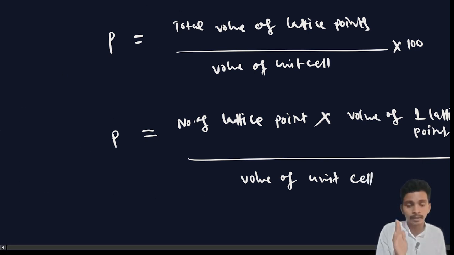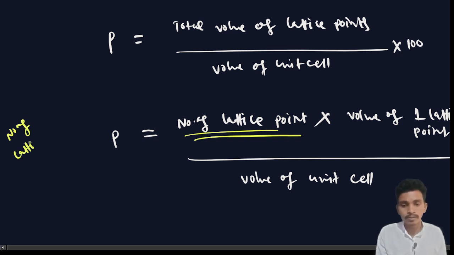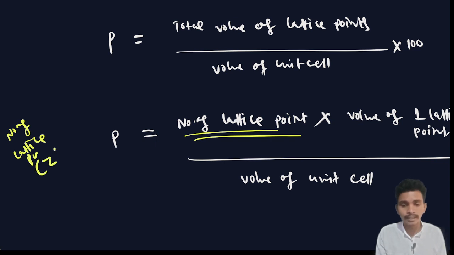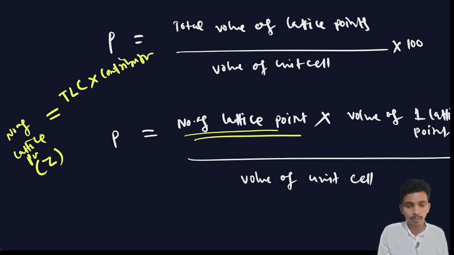In the previous class I said that the number of lattice points is represented as Z, which we calculate as the total lattice points into their contributions. That is equal to Z.